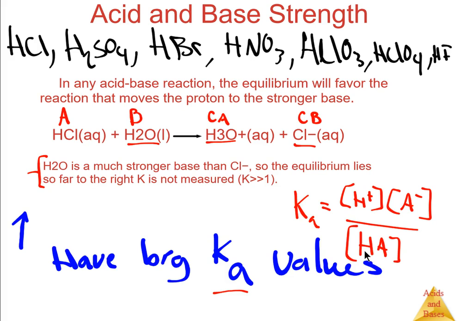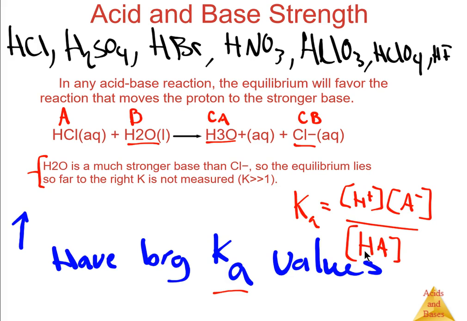And what we're saying here, for a strong acid, since it pretty much 100% ionizes, the numerator is a very large number and the denominator is 0. Since we can't divide by 0, that's undefined, so we say that we don't have a Ka for a strong acid.